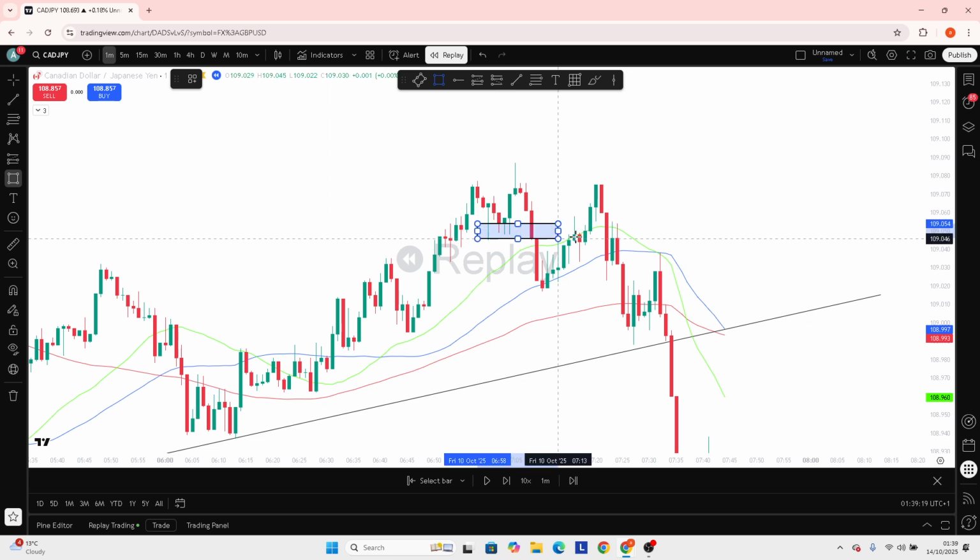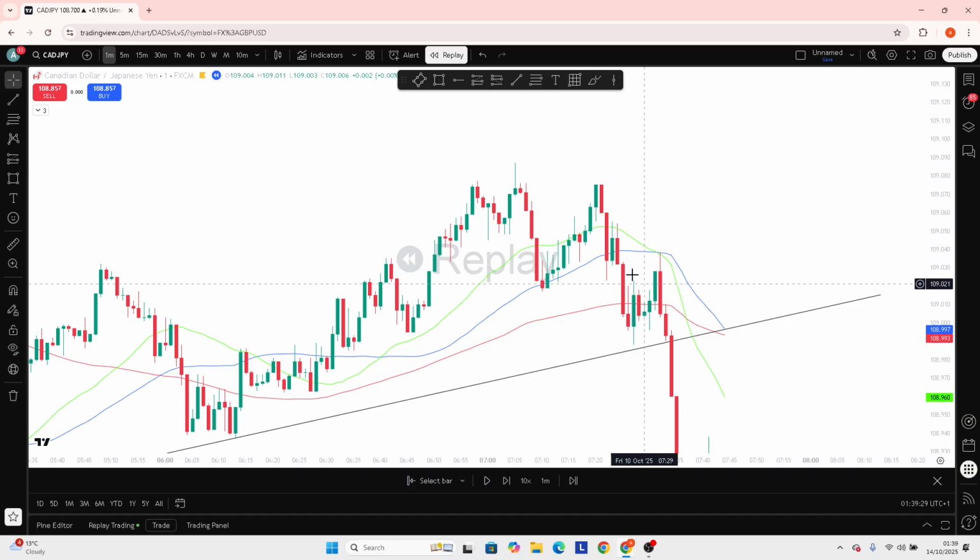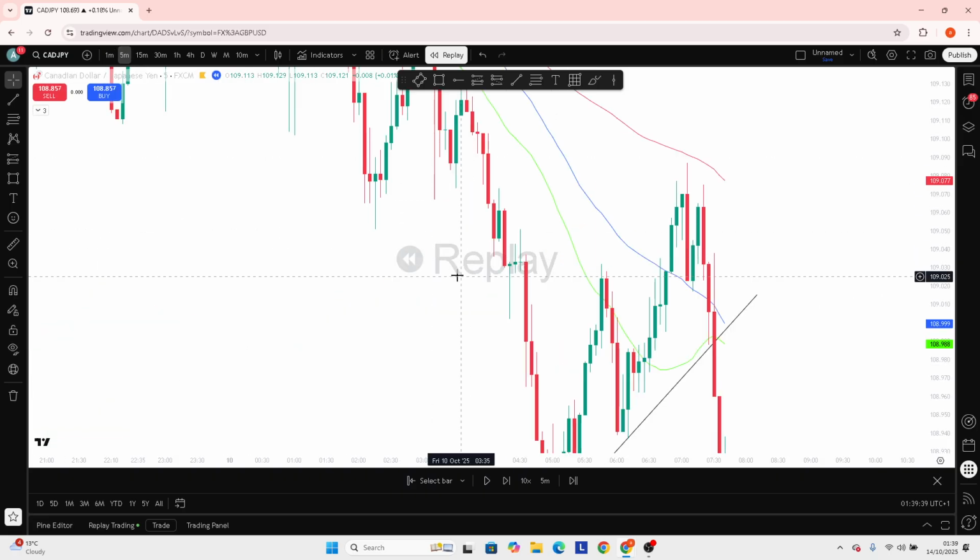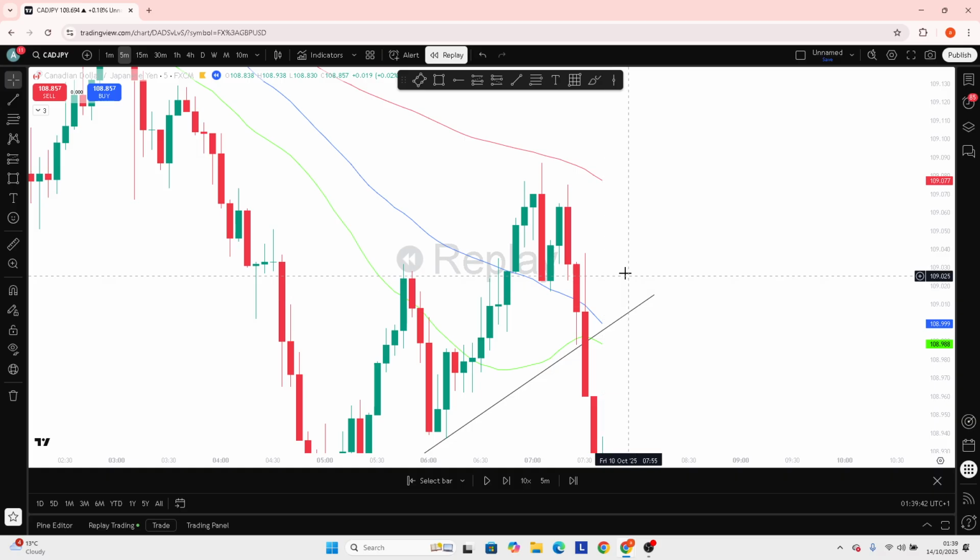Technically, with what I used to do, my entry would be on this candle close, my stop loss all the way here, and I'd be targeting the lows. I wouldn't have been stopped out, but I feel like ICC is more risk to reward, more profitable. Actually, if I wasn't using ICC, I'd be on a 5 minute time frame.